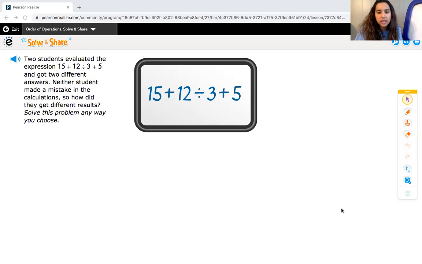Okay, so as you already learned, in the order of operations there is a certain way to solve expressions or number sentences like you see here on the screen, 15 plus 12 divided by 3 plus 5, okay?